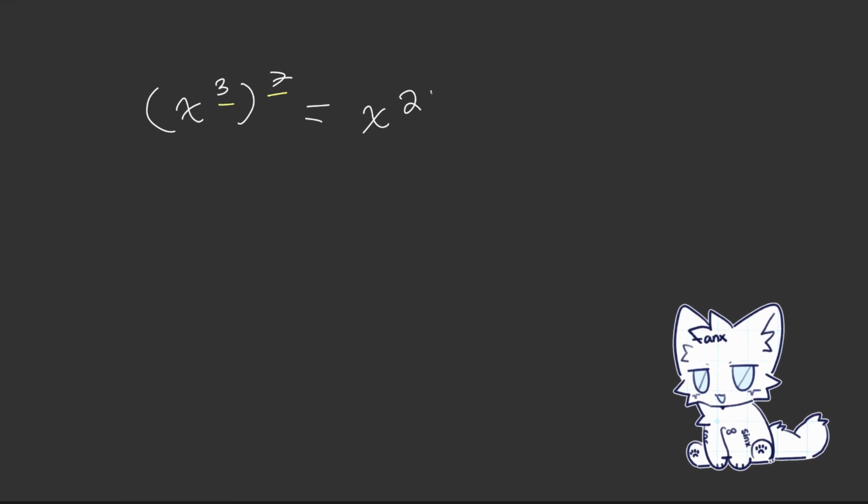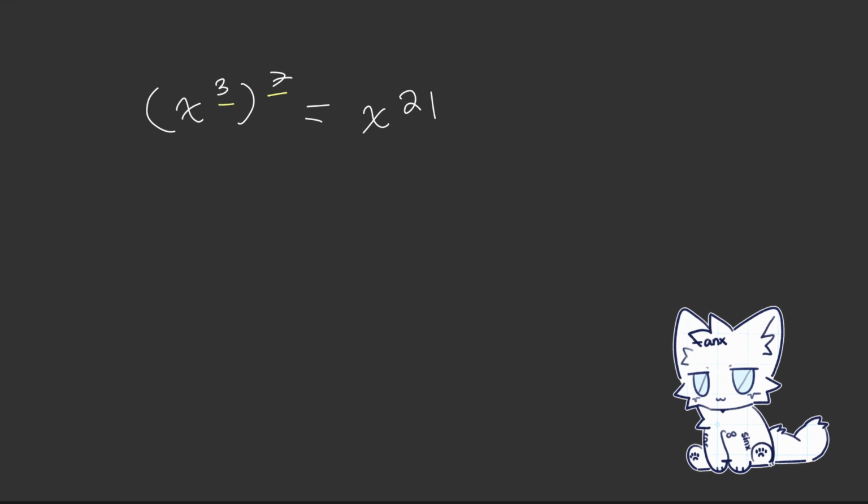So x to the 21st. And to see why this works, we can just imagine x times x times x. We multiply this 7 times, and if you do that 7 times, you'll get 21 x's. So that's why it equals x to the 21st.